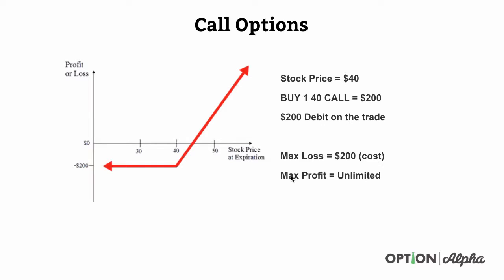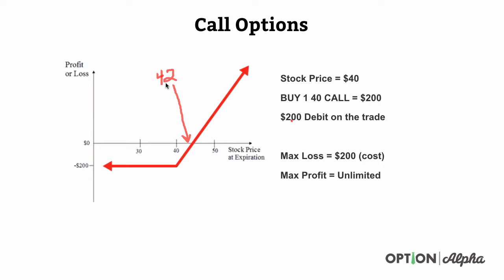Your max profit potential is theoretically unlimited in this case, and your break-even point is $42. That is the value of the strike price plus the option contract value, which is really $2 as a value, not a $200 debit. That's the actual value of the contract, but when you actually see the contract go across, you're going to pay $2 for that contract.